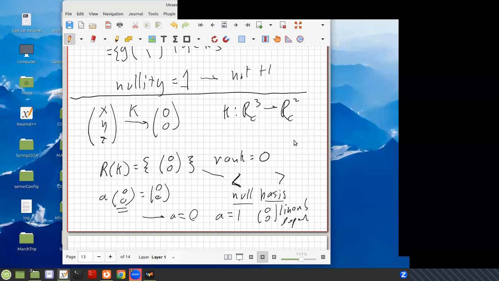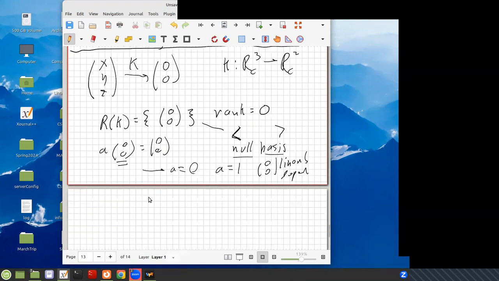You want a one-component vector that's just 0?